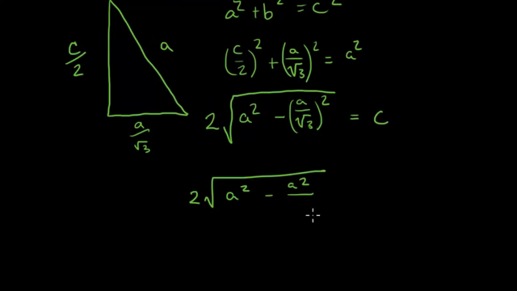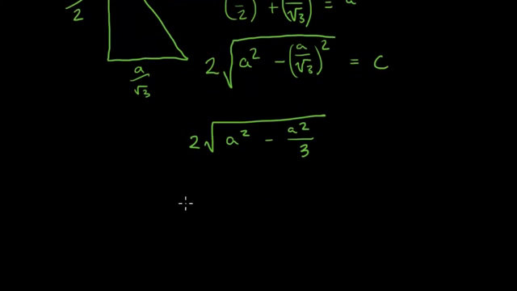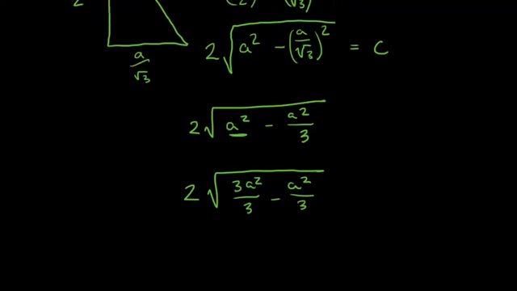I'm sorry, that's not the square root of 3, it's a squared over 3. Now we can combine terms by multiplying this right here by 3 over 3, which is just 1. And we get 3a squared over 3 minus a squared over 3. So now we have common denominators.